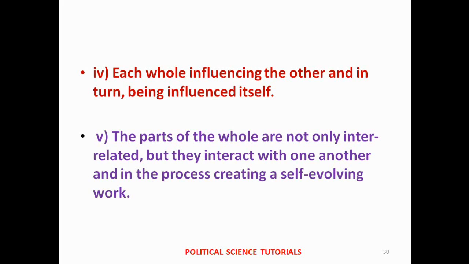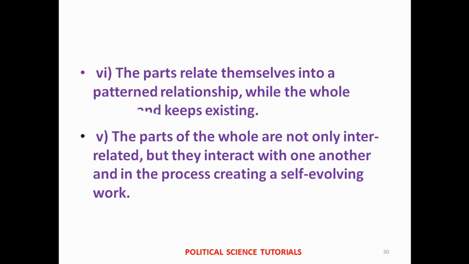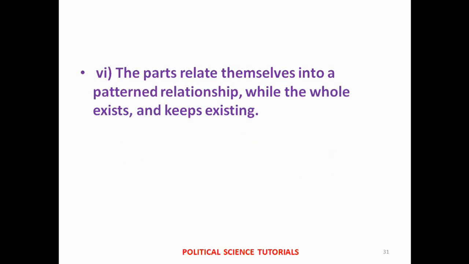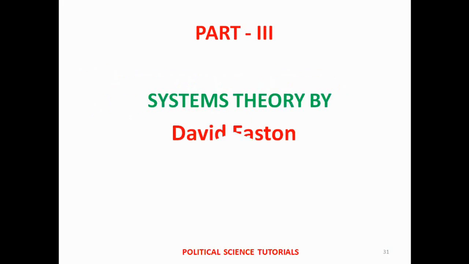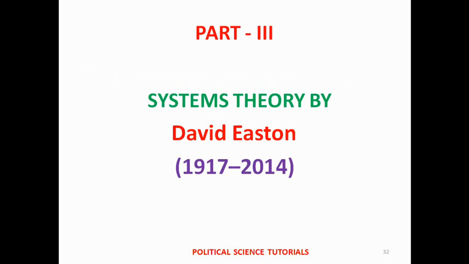Fifth point, the parts of the whole are not only interrelated but they interact with one another and in the process create a self-evolving work. Sixth point, the parts relate themselves into a pattern relationship while the whole exists and keeps existing. So here are the main points about the characteristics of the systems approach.